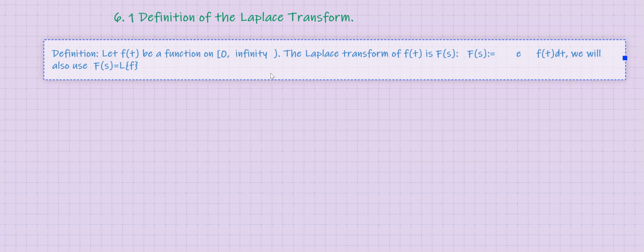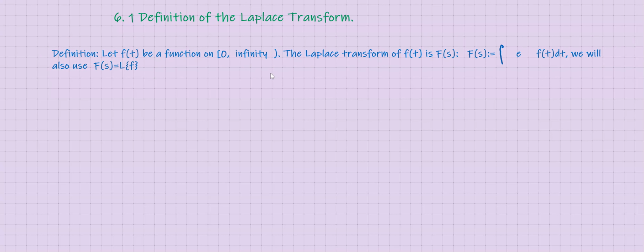It's defined as an improper integral from 0 to infinity of e to the power of minus st multiplied by f of t dt. So we take the function f of t multiplied by the exponential function e to the power of negative st. Here s is a constant, t is a variable, and we integrate with respect to t.